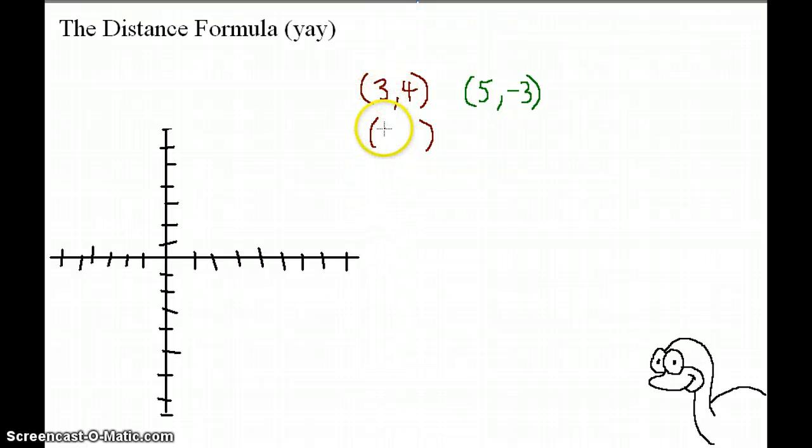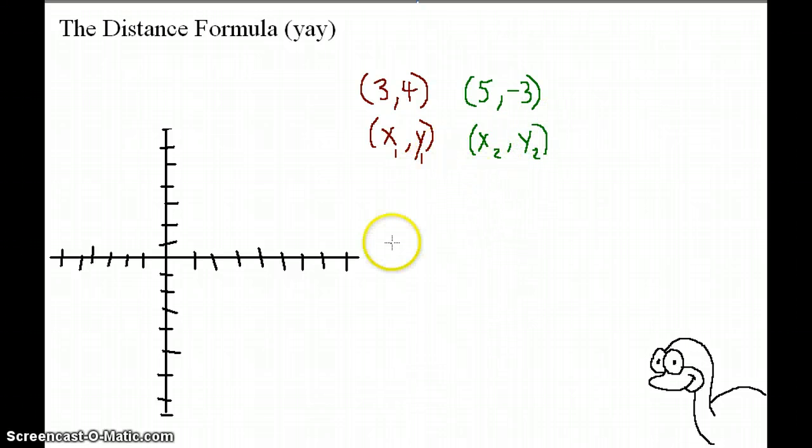So the 3 in this case corresponds to an x coordinate. The 4 in this case corresponds to a y coordinate. We're going to take this a step further and actually call this first point (x1, y1). We're going to then call the other point (x2, y2). And if that's not clear why we want to do that, it will be soon.